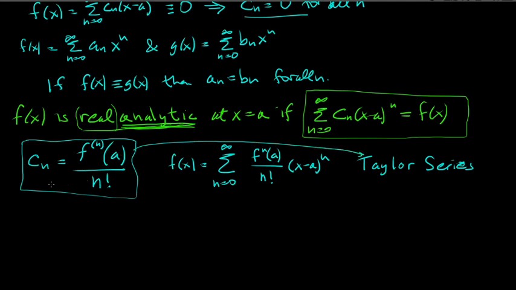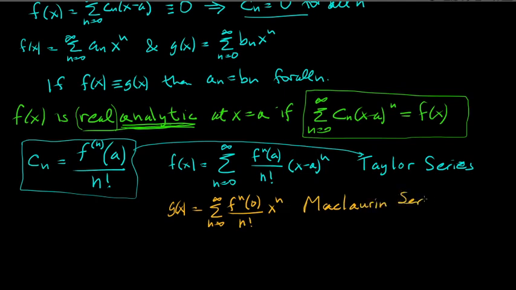And if a is 0, in other words, if the series looks like this, with just x to the n, this is called a Maclaurin series. I think I'm spelling that right.